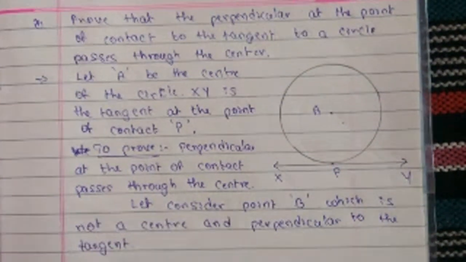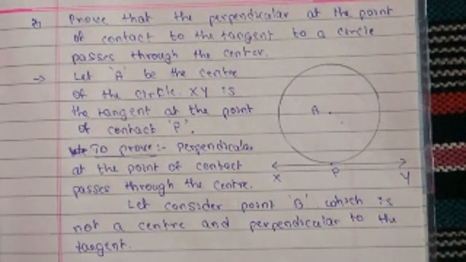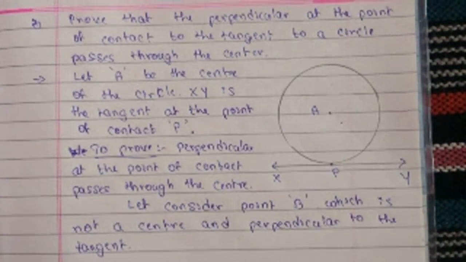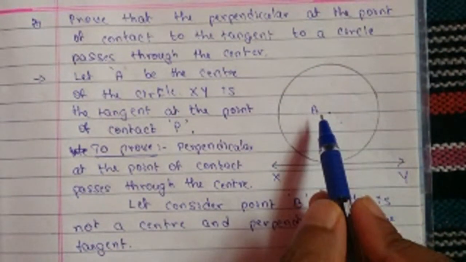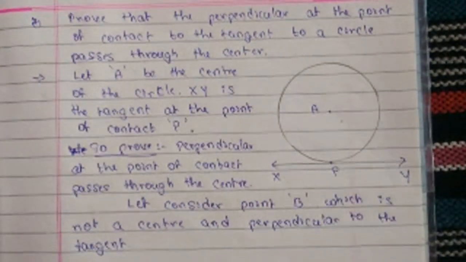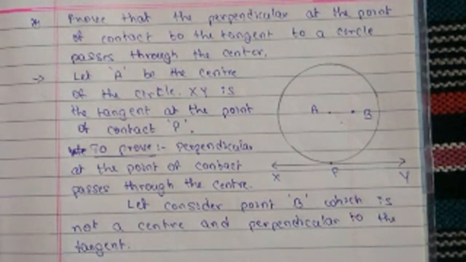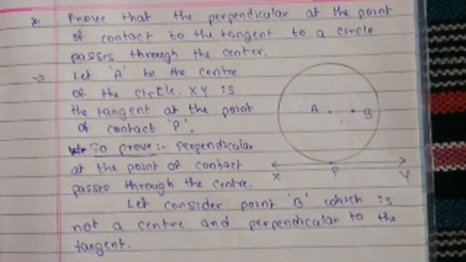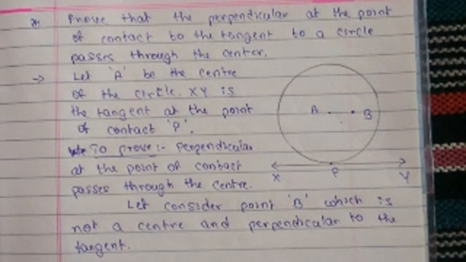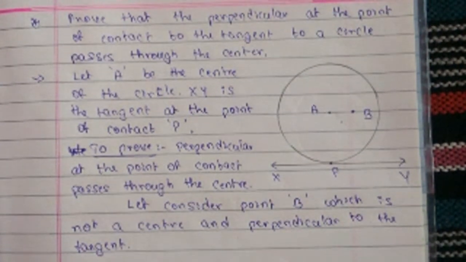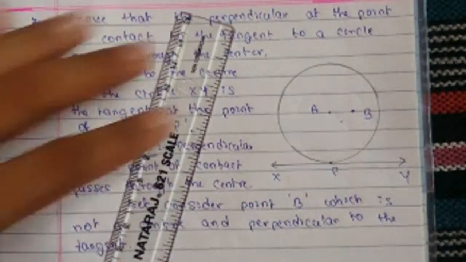So what we have to prove is that the perpendicular drawn to the tangent passes through the center. But I will consider one point B which is not the center of the circle, but it is perpendicular to the tangent. That is a small assumption.